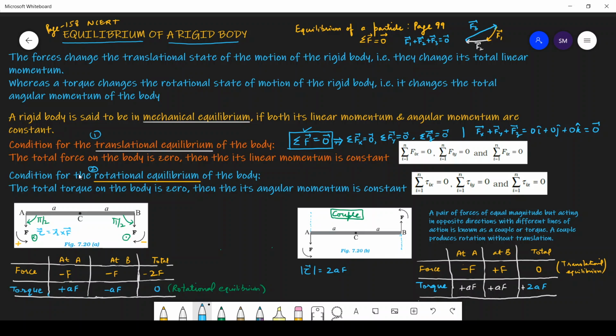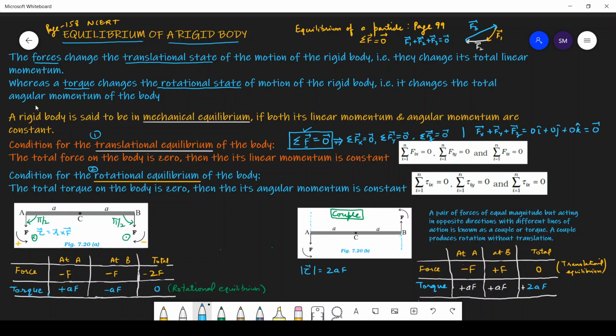Okay, separately. So the forces change the translational state of the motion of a rigid body. So what do these forces do? Forces change the translational state, and ultimately they change the linear momentum. Now what does the torque change? Force changes the translational state, whereas torque changes the rotational state of the motion of the body.